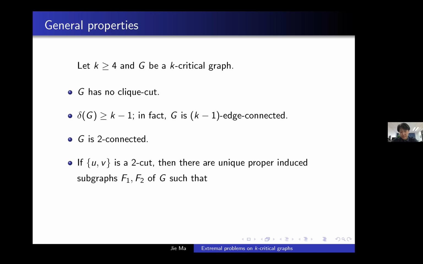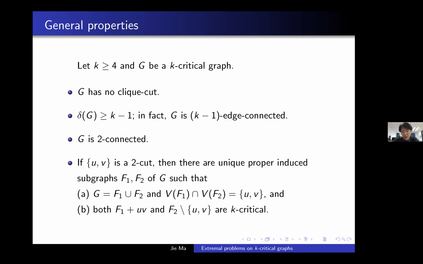If we have a two cut, say UV, then there's a nice structure theorem which says that this two cut will divide the whole graph into two pieces, and then we have two induced subgraphs, called F1 and F2, and the union of the edge sets of those two graphs gives us all the edges of G.